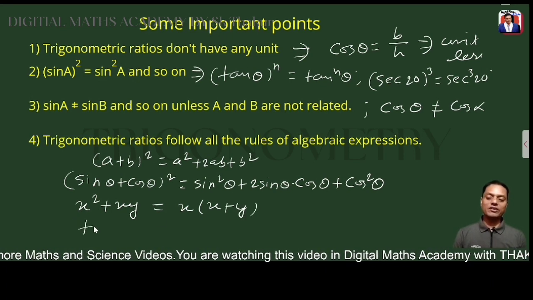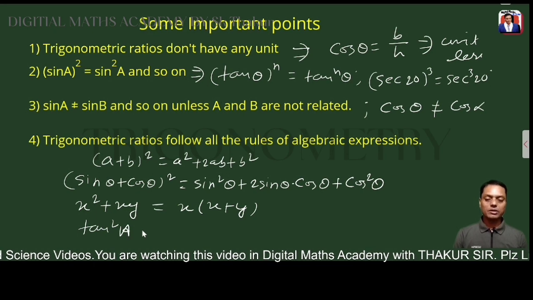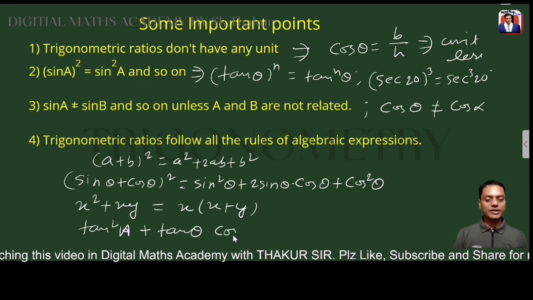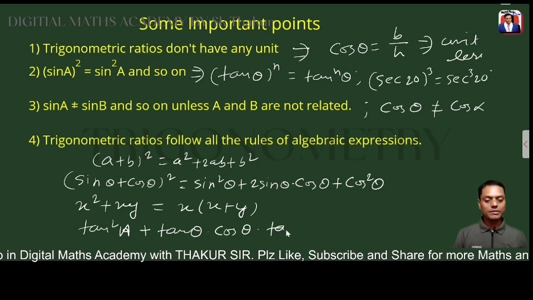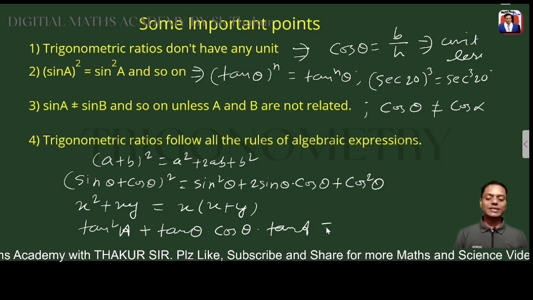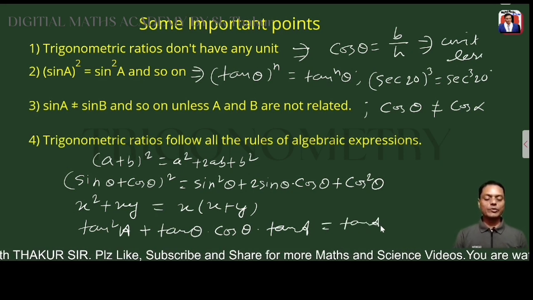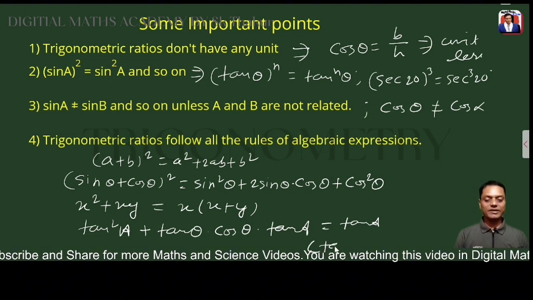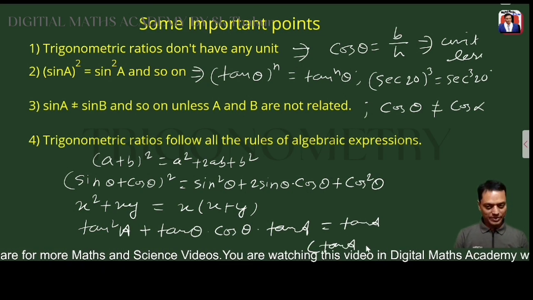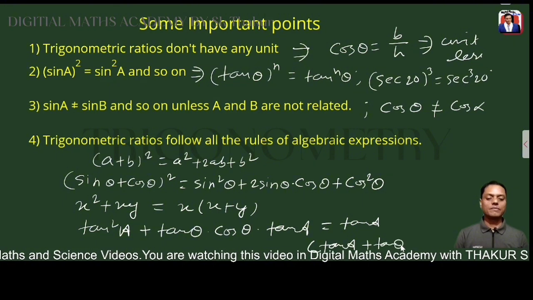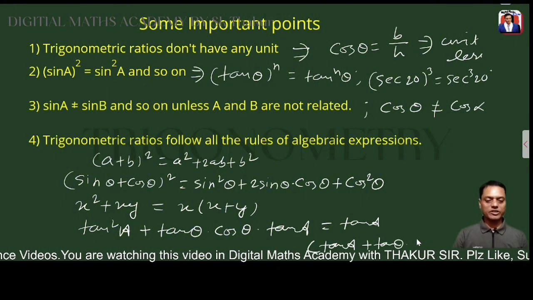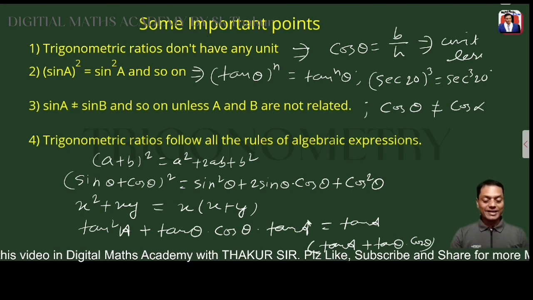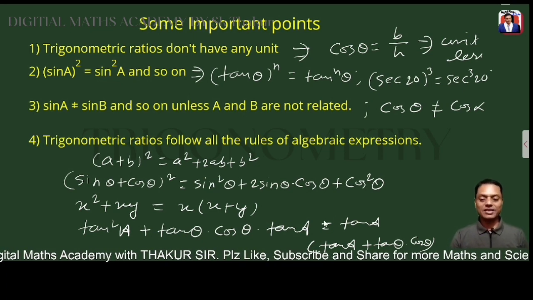So if we have tan square A plus or minus, doesn't matter, tan theta into cos theta into tan A, we can take tan A common, and after taking common we can write tan A plus tan theta dot cos theta. We should not forget that tan A and tan theta are different, so we cannot take tan theta common because tan theta is not in the first term.